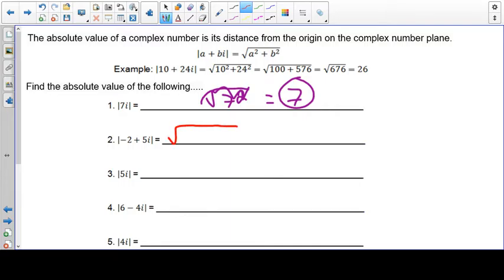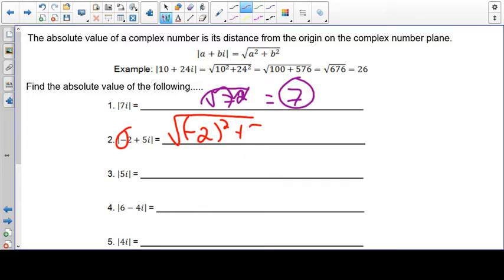The second one, I'm going to have 2 squared plus 5 squared. Now, yes, I see a negative here. However, it's going to be negative 2 quantity squared, which will give me the same thing as positive.